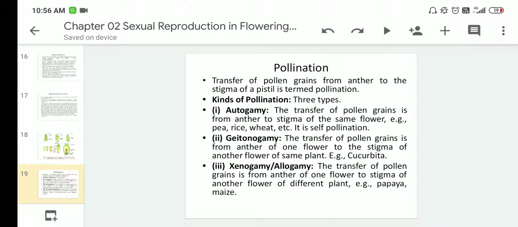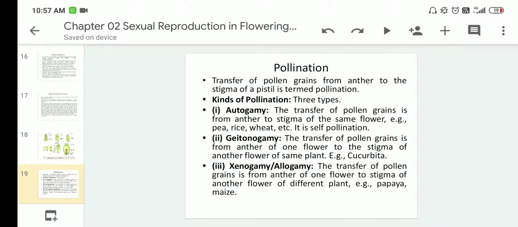Xenogamy or allogamy: here the transfer of pollen grains is from anther of one flower to stigma of another flower of a different plant. Remember here the plant is changed, means genetic combination may be different.